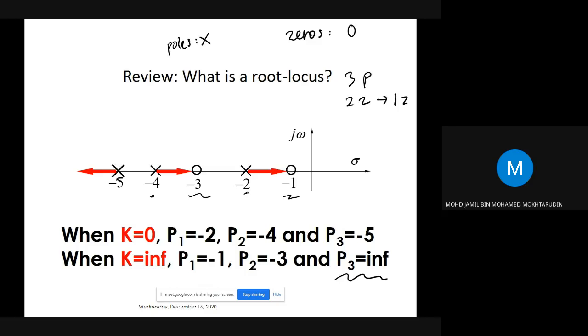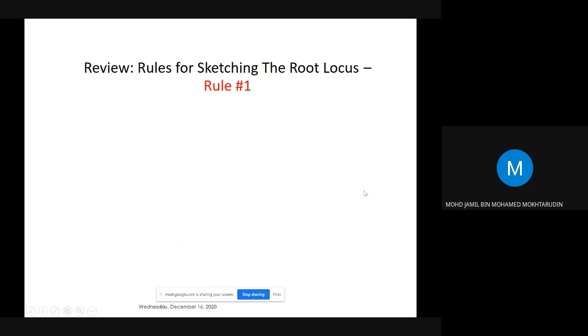So you have 3 poles at -5, -4, and -2, and 3 zeros at -1, -3, and at infinity. That's the basic idea of finding zeros and poles to plot the root locus. Don't worry about the arrows here; later we will see what they are. There are, I think, 9 rules for sketching the root locus, so let's look at rule number 1.